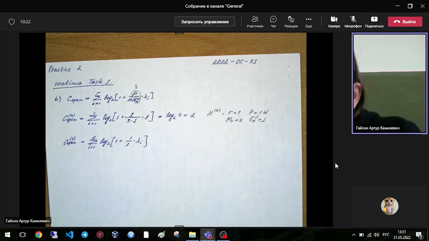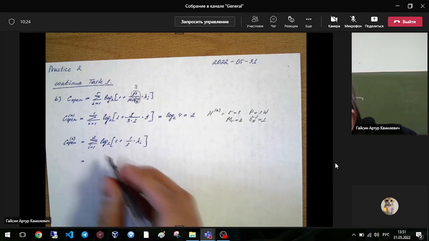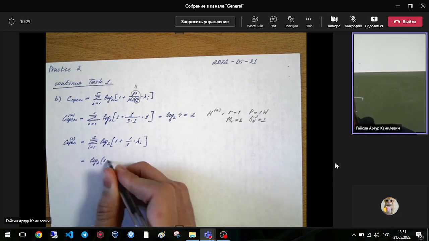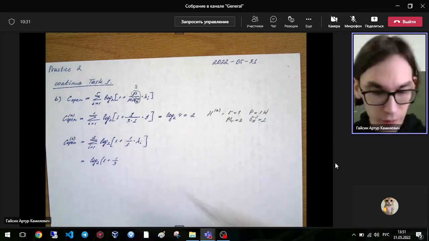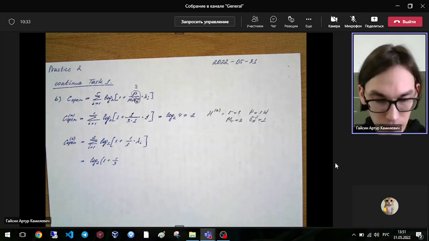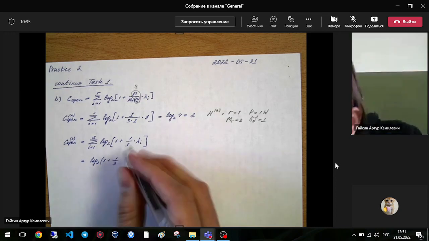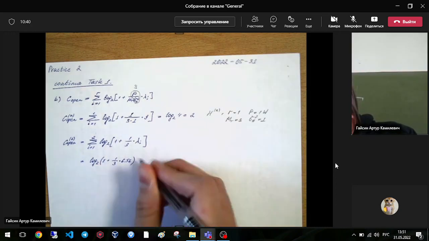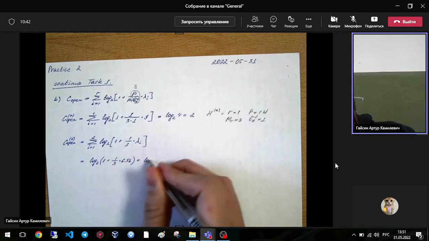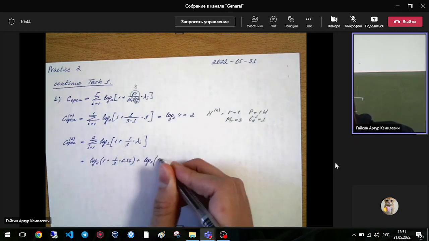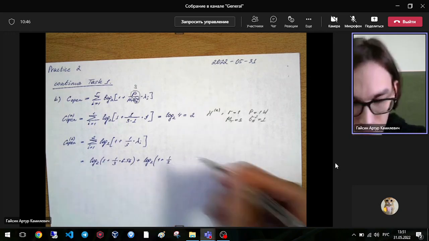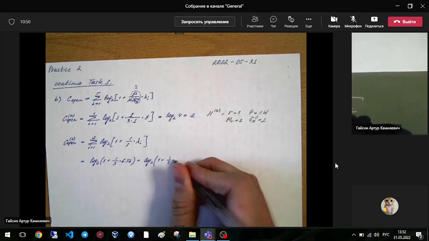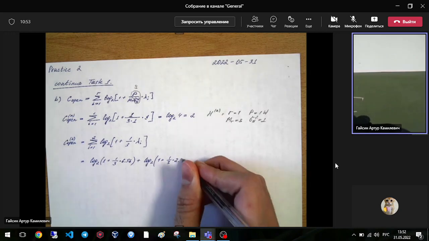And now we'll put in these lambdas. So logarithm base 2, 1 plus 1 divided by 3 times the first one, 6.56, plus logarithm base 2, 1 plus 1 divided by 3 times 2.44.